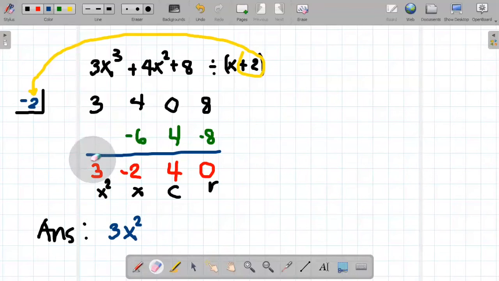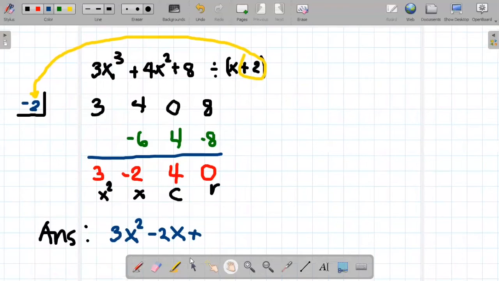And then X squared. Then you have negative 2, and X. Then our constant, this one. This is our constant. Positive 4.